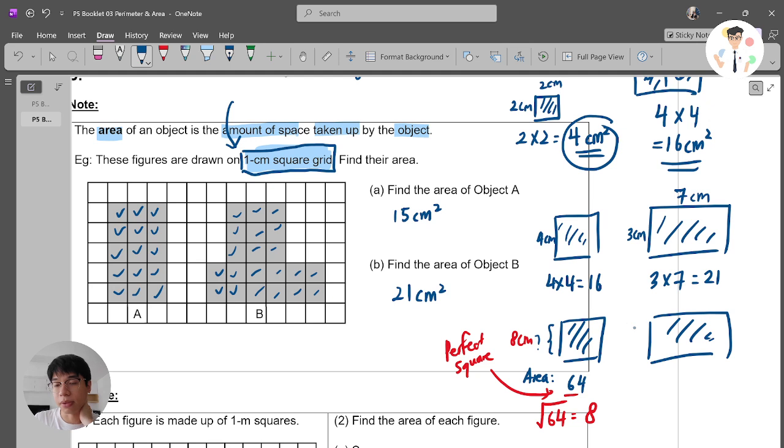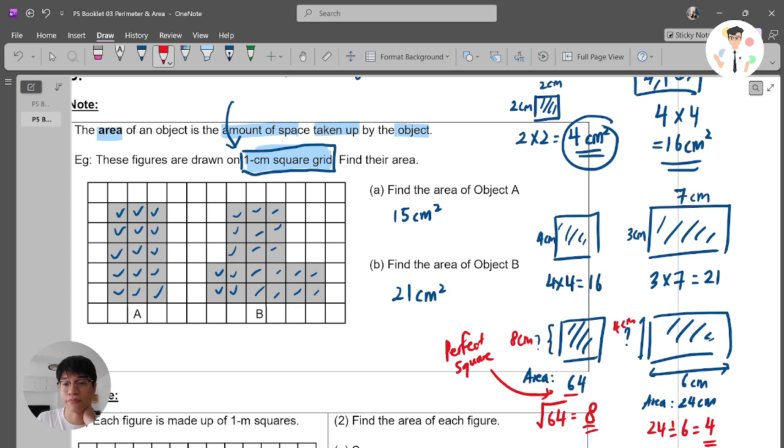Now, example, if I tell you this length is maybe 6 cm, I need to find out what is the length here, and I tell you the area is 24 cm square. So what can you do? Rectangle, simple and straightforward. We just use 24 divided by 6. Then the answer is 4 cm. So here is 4 cm.